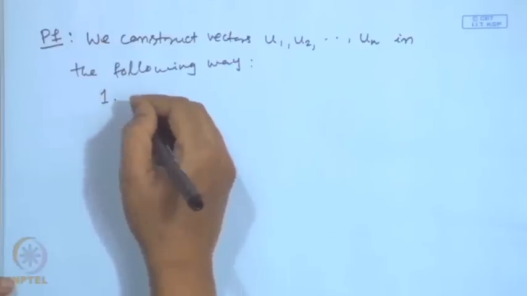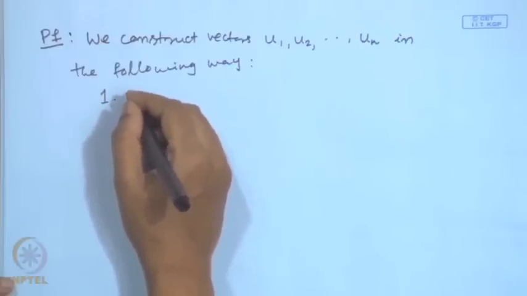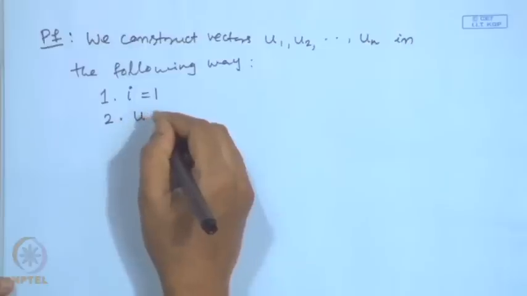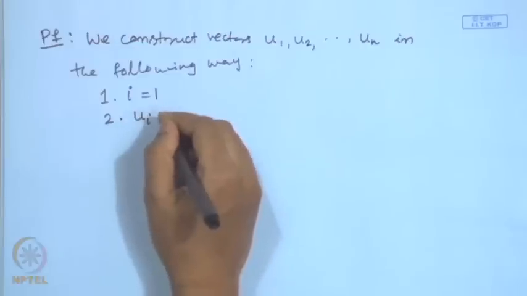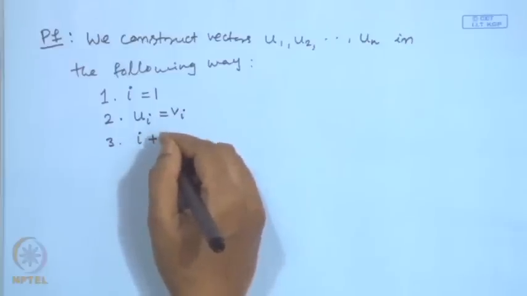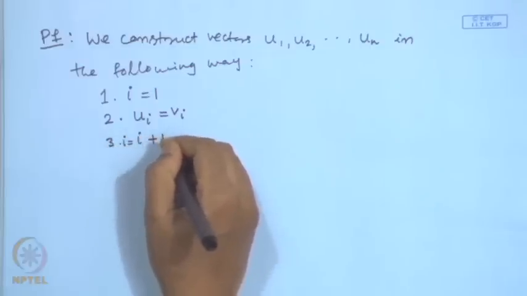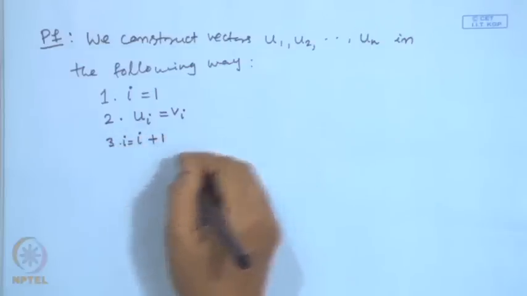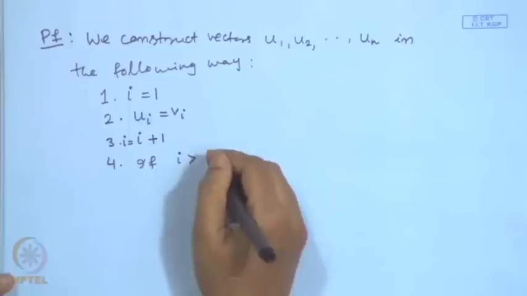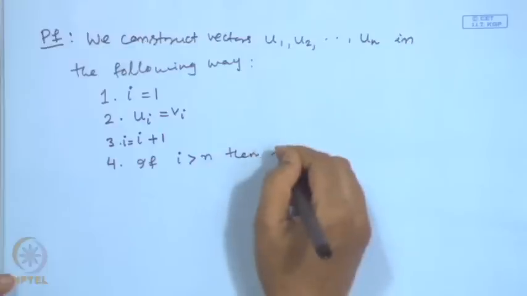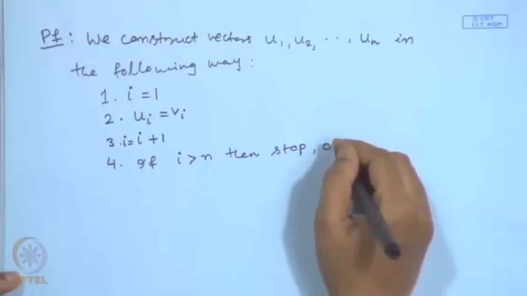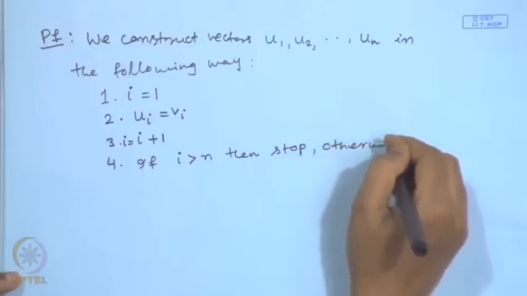Say the first step is that we consider i equal to 1, and the second step we take ui equal to vi, and the third step we increase i to i plus 1, and then we check that if i is greater than n, then stop, otherwise we shall construct the vector ui in this way.